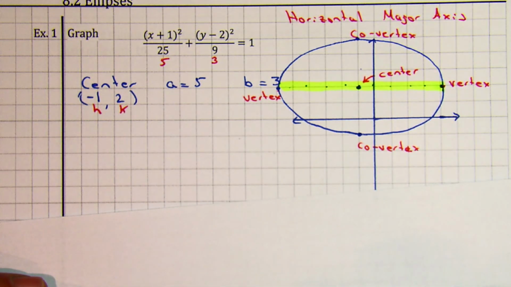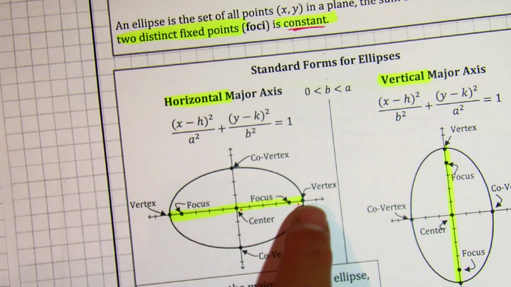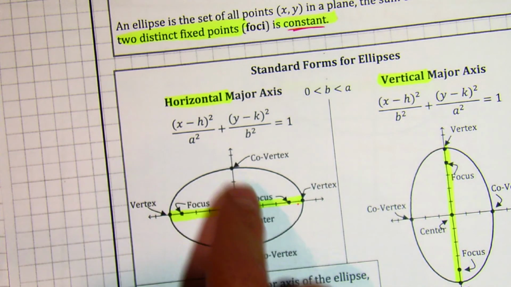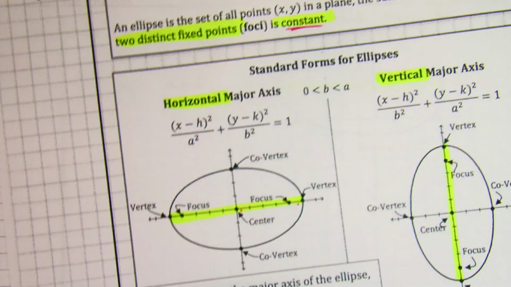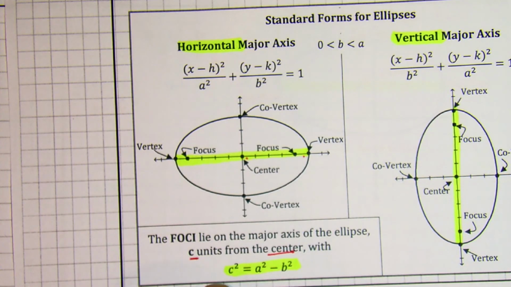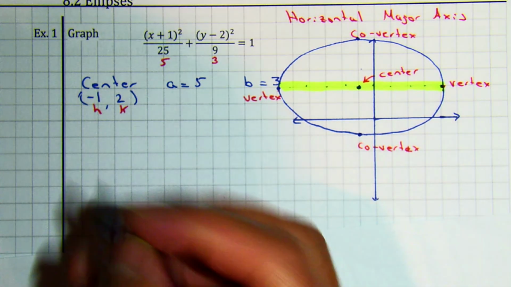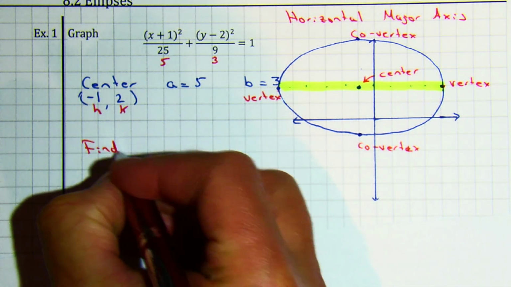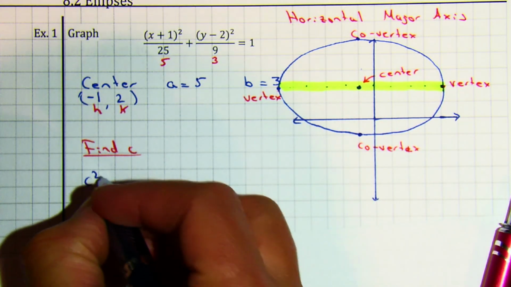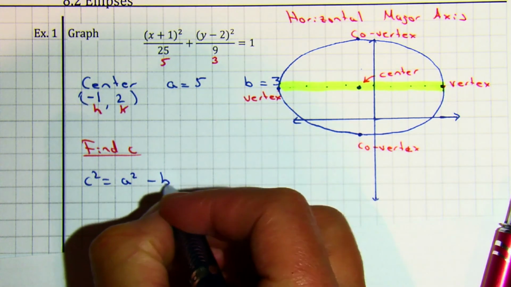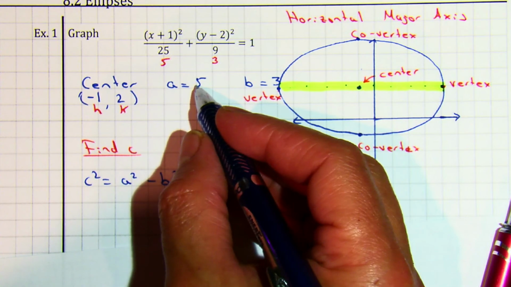And what else do we need? So let's look at our diagram. We have our center and vertices. The last thing that I need to be able to find is my focus and my other focus. To find the focus, we're going to use the following. C squared. So I'm going to find the value of C. And it's not your Pythagorean theorem, it's C squared is equal to A squared minus B squared. And that is the reason that A value has to be the bigger number.